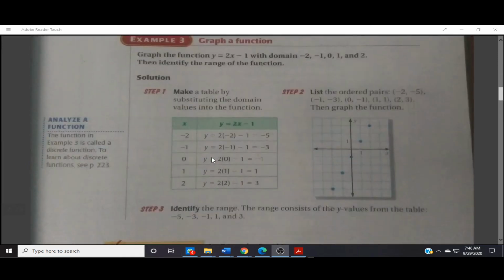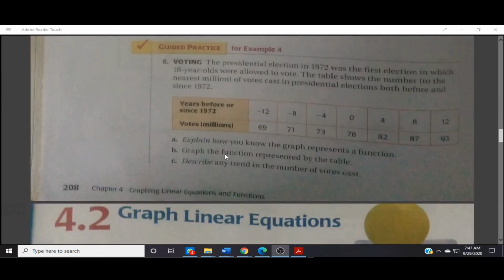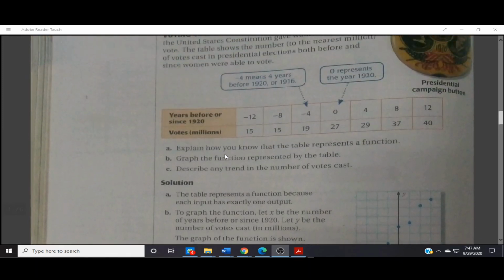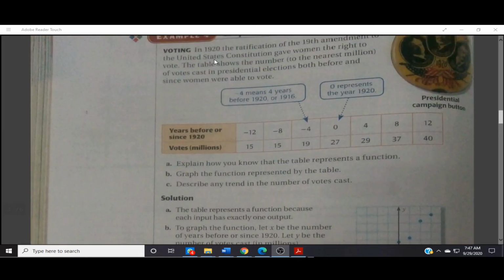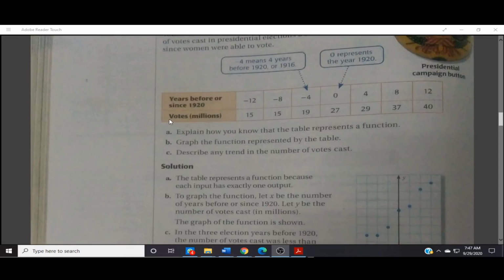We will skip example 3 because we'll talk about it next class, okay? The only thing I'll add is that when we do time, time is usually going to be our x values, and our y values are going to be whatever is affected by it.